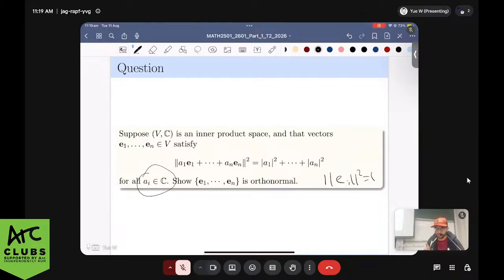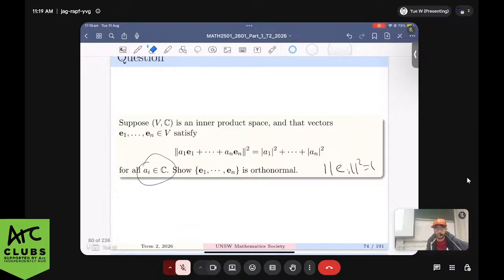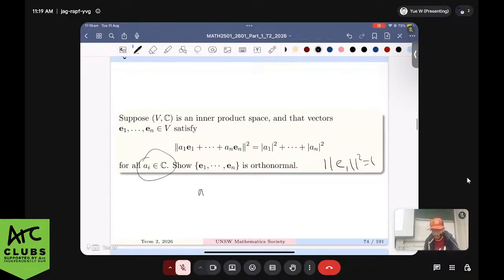We have a lot of vectors here. We don't just have ei, we have e1, e2, all the way up to en. We want to simplify it. We can take all the ai to be 0, except, I guess, one of them. I'll just do it for e1, and then it follows for all the other ones similarly. So take a2 equals a3 equals 0.